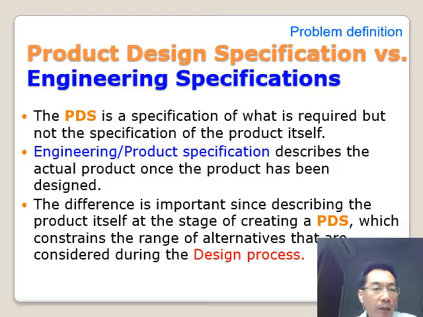When we are providing a product or solution to the users, we need to specify the details. The difference between these two, PDS and engineering specifications, is important since describing the product itself at the stage of creating a PDS is not possible; the PDS contains a range of alternatives that are considered during the design process.